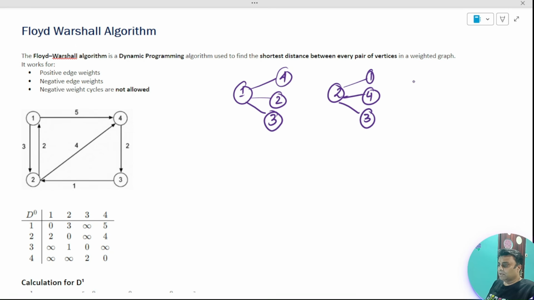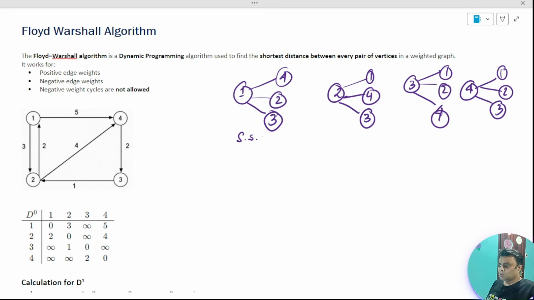And likewise, from 3, I can go to let's say 1, 2, and 4. And from 4, I can go to 1, 2, and 3. So all these are single source shortest path, right? This particular problem we have solved using Dijkstra, right?